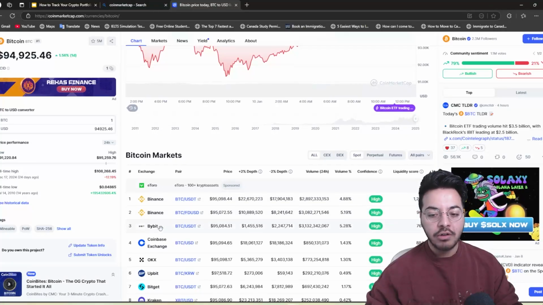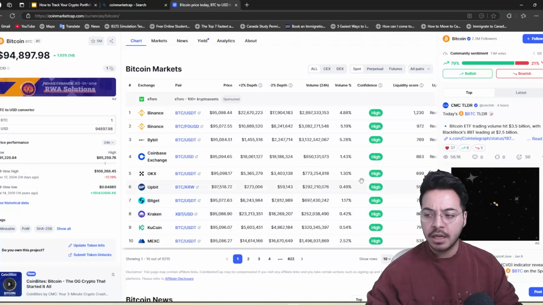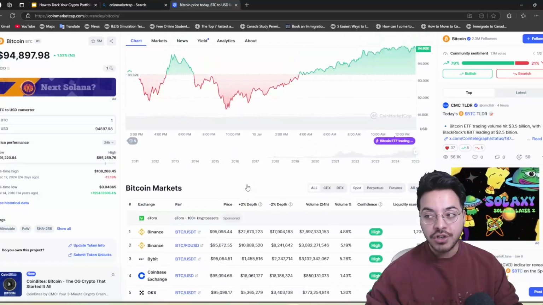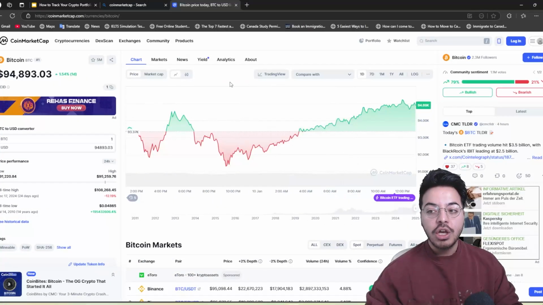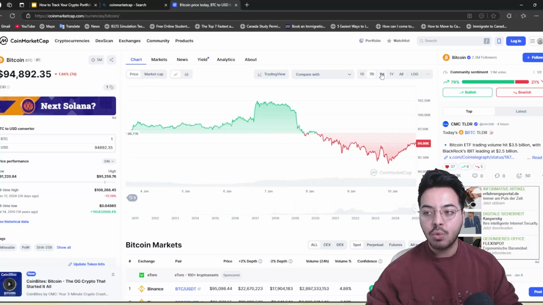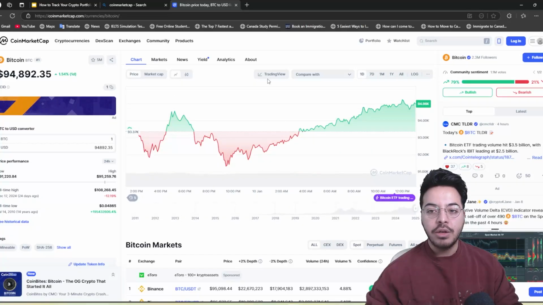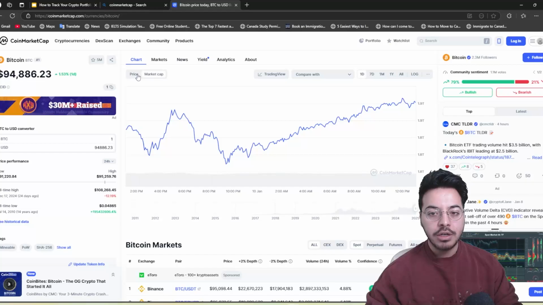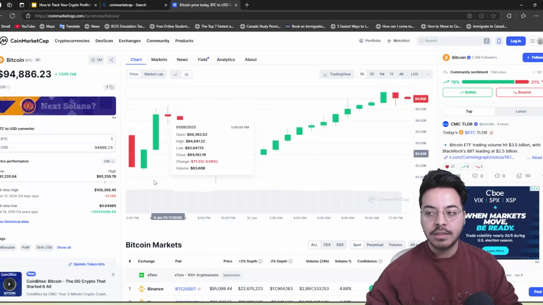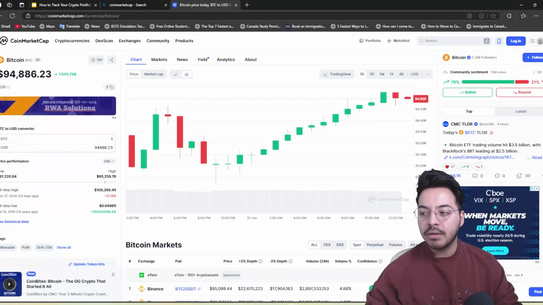You have Binance, Bybit, Coinbase, OKX, and all other exchanges. And you have the graph of Bitcoin based on different time frames, 7 days, 1 month, 1 day, and then you have the market capitalization, the prices, the candles, every single thing that you want is available here.